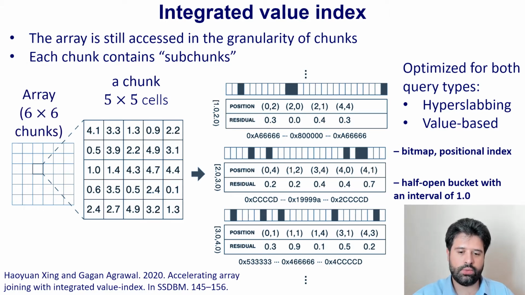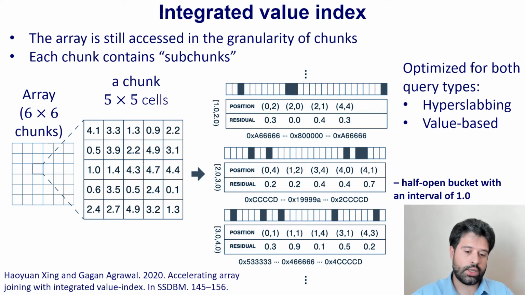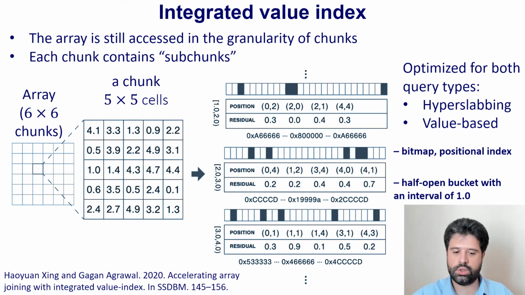Consider the example on the slide. The array is divided into 6 by 6 chunks, and each chunk of 5 by 5 cells is further divided into half-open buckets with an interval of 1. For each bucket, a bitmap indicates the position of cells inside the chunk, while a segment of residuals keeps the trailing bits of the values.